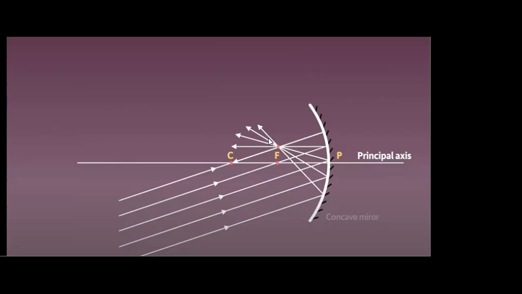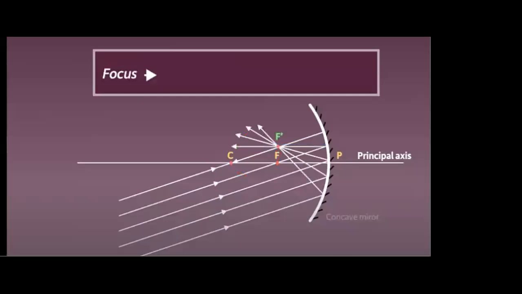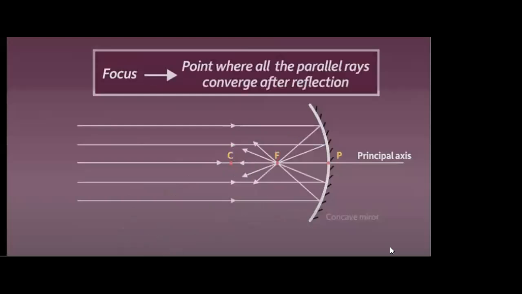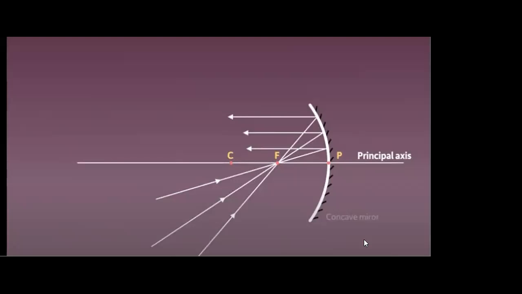So this is the image. Everyone got this? Okay, so these are the concepts that we have studied till now. Anyone have any doubt in this? No doubt, sir. Okay, very good.